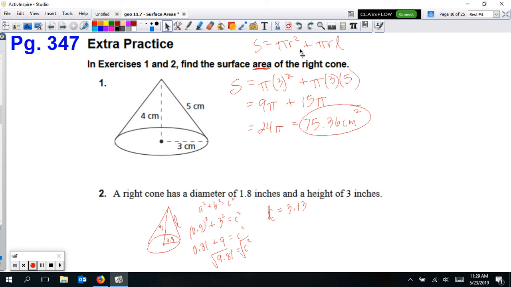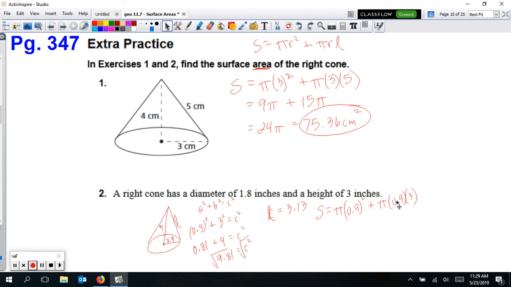And so now we can go back and use this formula here to find the surface area, where we're going to see pi times radius squared. Our radius is 0.9. So pi times 0.9 squared plus pi times radius times the L, the slant height. So it's going to be the 0.9 times the 3.13 number.